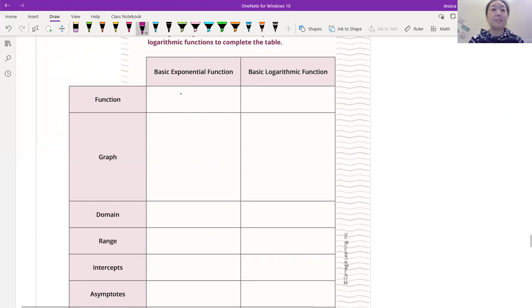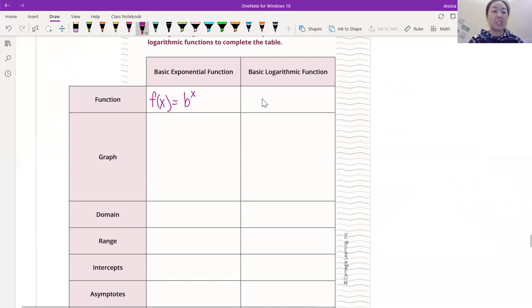So the basic exponential function, right, is going to be b to the y, I should say, f of x is equal to b to the x power. That's our basic exponential one, right? The basic logarithmic one is going to be what?